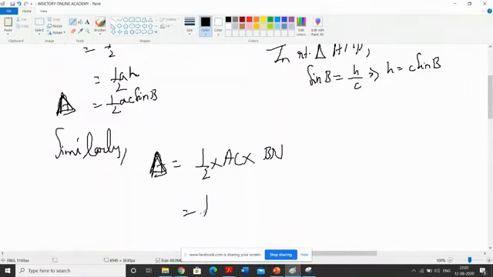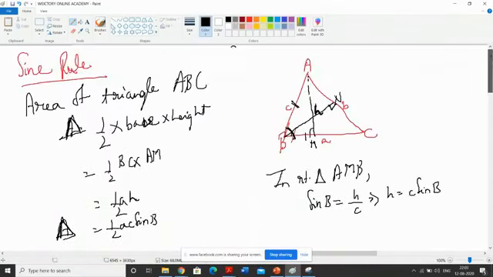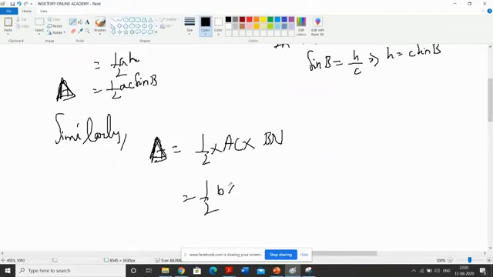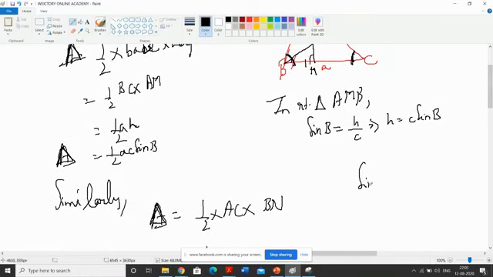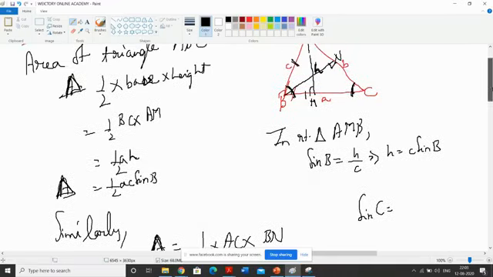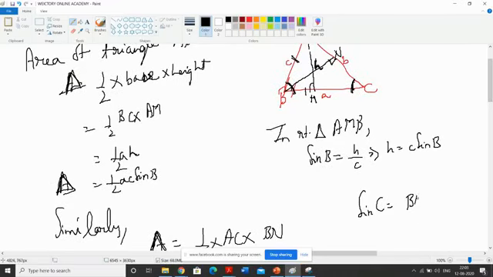So half AC is b, and BN, you can see BN we can write in terms of angle C. Sine C can be written as BN over BC, opposite over hypotenuse.